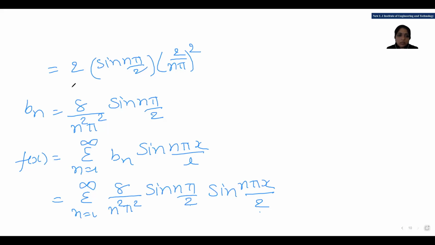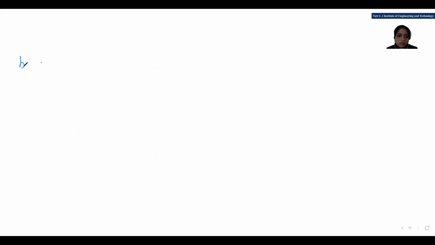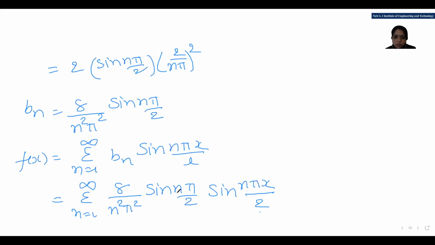So here Bn is equal to 8 upon pi square. If I put 1 first, then sine pi by 2, then sine pi x by 2 whole by 1 square. For 2, if I put 2 there, then see, for n equal to 2, both 2 will be cancelled, right?